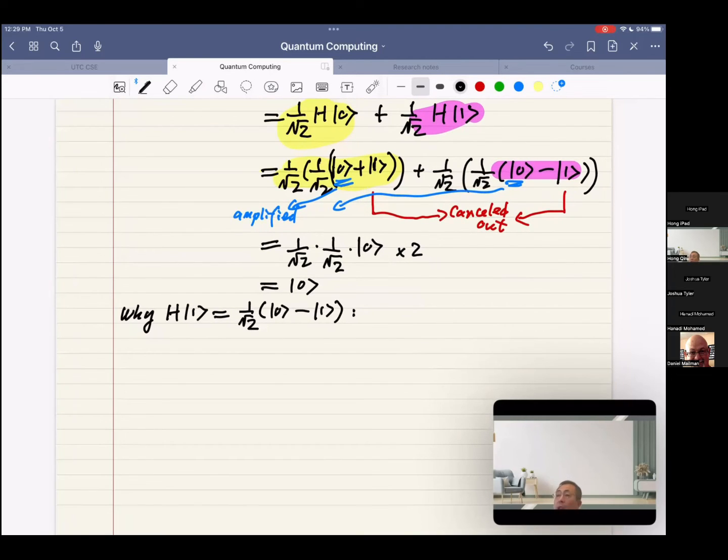In this part we can just expand it out. So the Hadamard gate on cat 1.